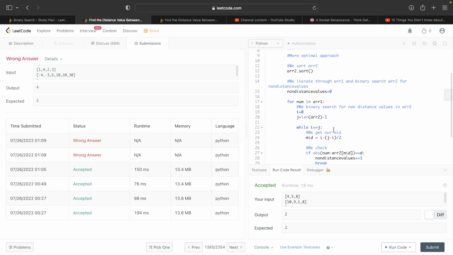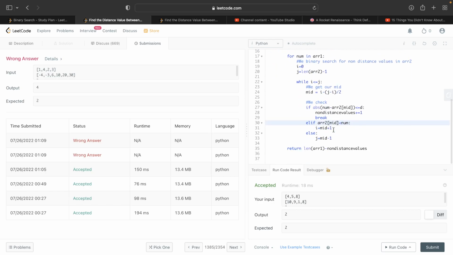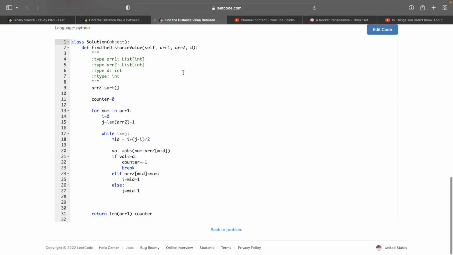It looks fine. Where may I have made a mistake? Is less than or equal to d, counter, mid, length of arr1 minus counter. My difference I see is here.